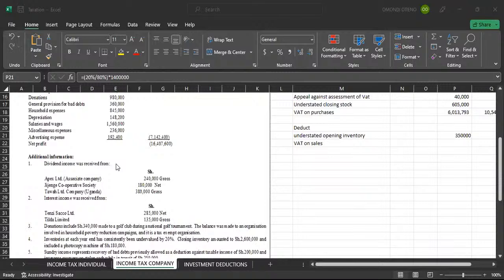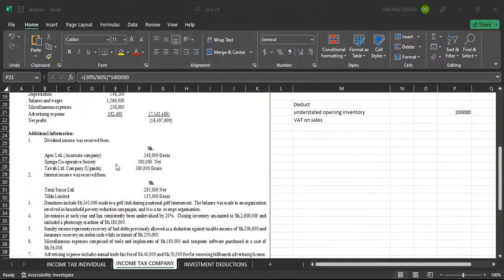Okay, somebody is saying that the note which tells us that the closing inventory is undervalued is not visible in this question. Can someone assist SIP on the information telling us that the inventories at each year end were being undervalued by 20%?